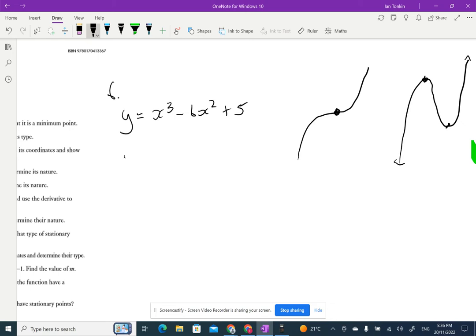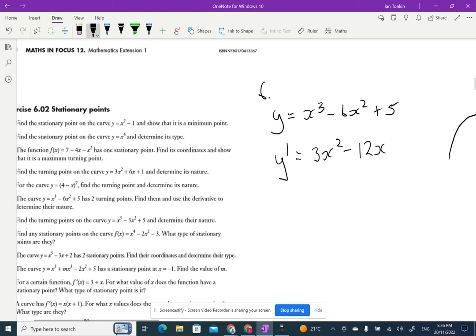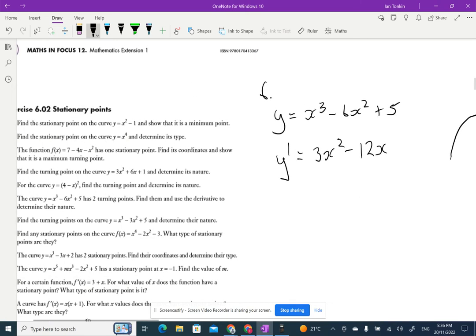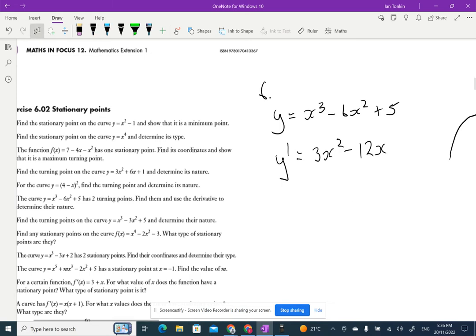So the first thing you do, differentiate: y dash equals 3x squared minus 12x. Is that what we've got? 3x squared minus 12x? Yep.